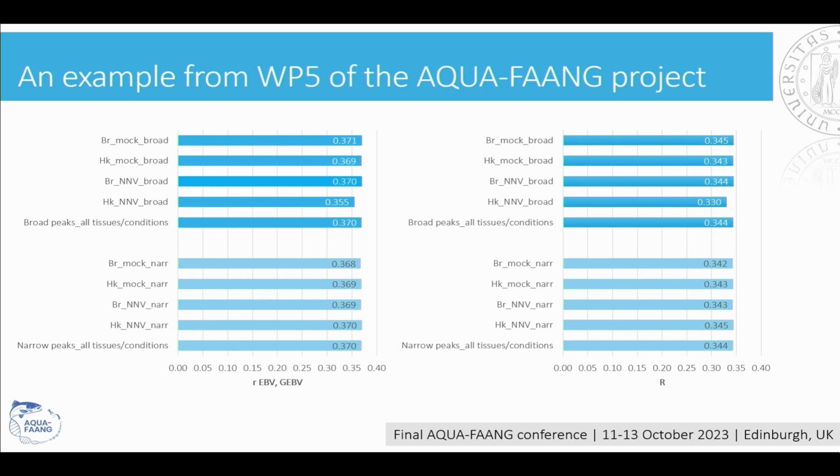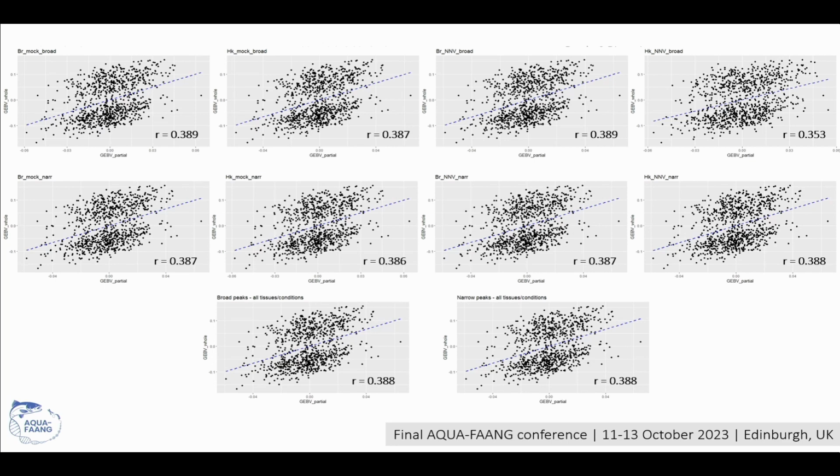On the right, you can see the accuracies, and they are more or less 0.34. These are the correlations between the GEBVs obtained using the partial data set, using the two-fold cross-validation, and the GEBVs obtained using the whole data set, without masking any phenotype. And you can see that the correlations are more or less 0.39.